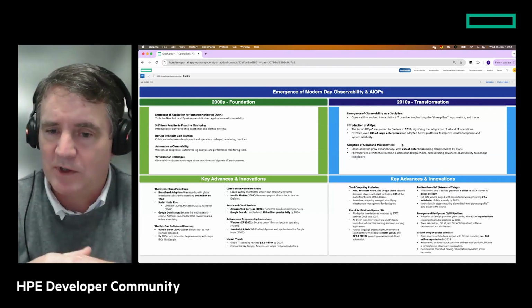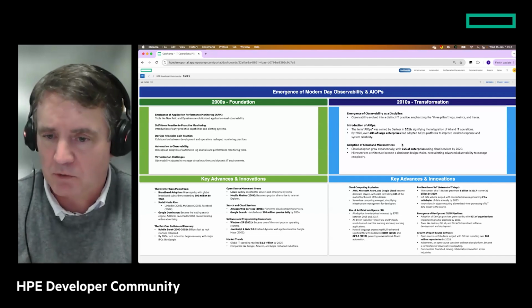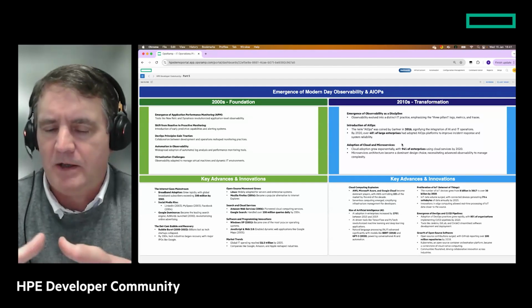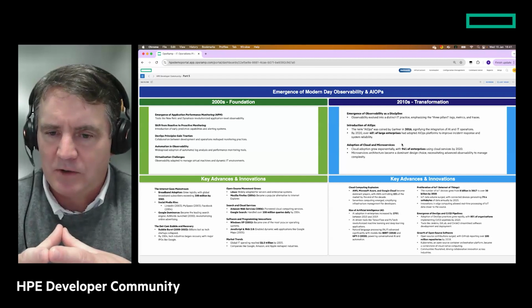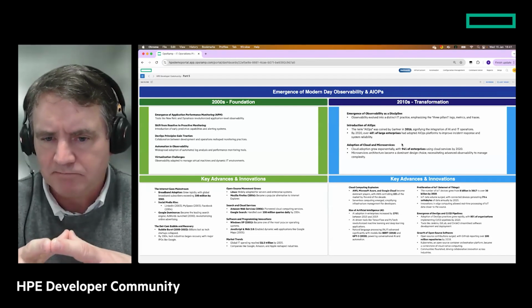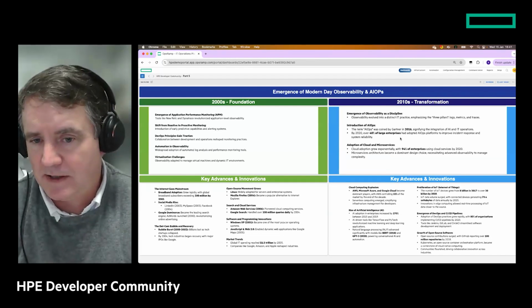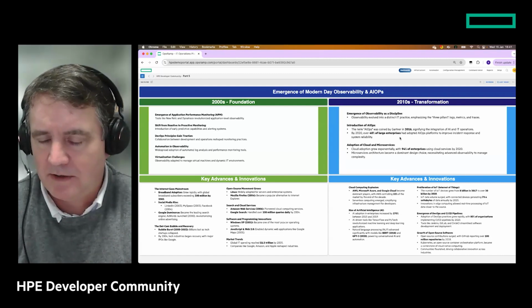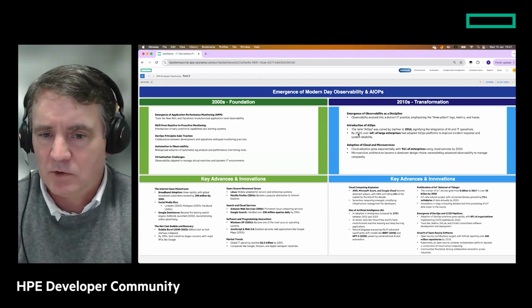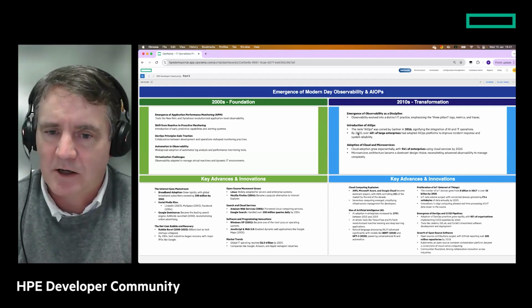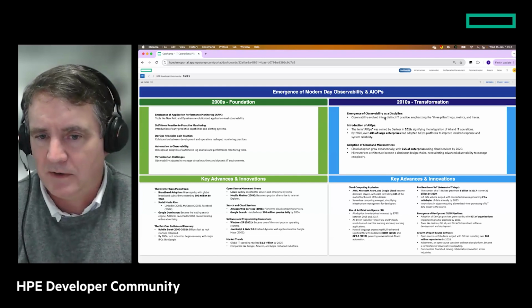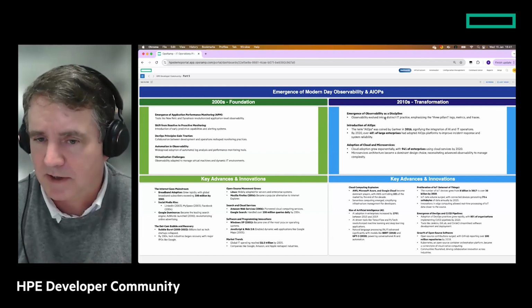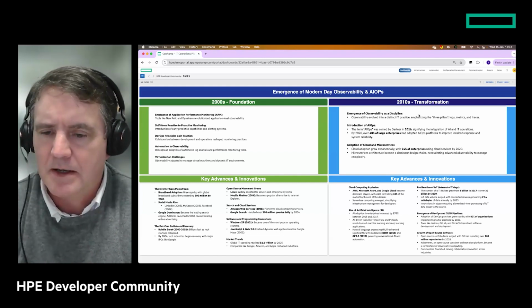What we're doing is combining observability, AIOps, and automation into a single platform to give customers a single solution for all their needs. So we're starting to see a big increase in the adoption of AIOps up until around 2020. Again, that kind of coincides with the emergence of observability as a mainstream practice.